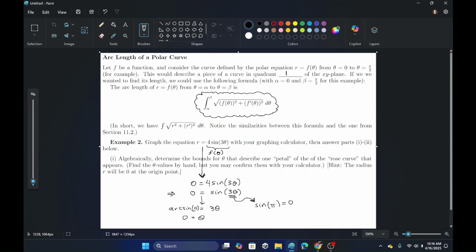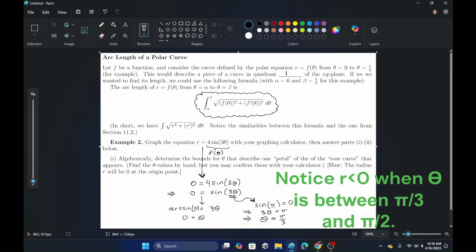So let's look at what happens when 3 theta is actually equal to pi. Well, theta itself would be pi over 3, of course, solving that algebraically. All right, so theta is pi thirds.